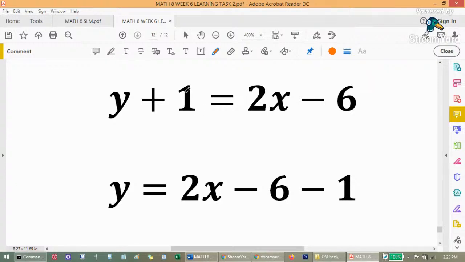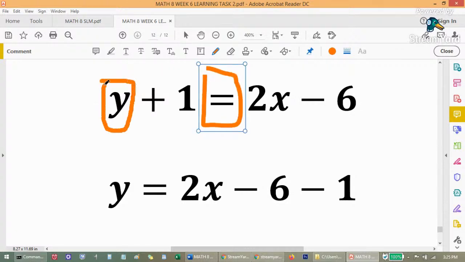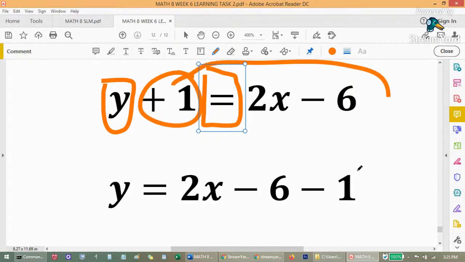And then, gagawin nating slope-intercept form, y is equals to mx plus b. So, lahat dapat i-transpose natin dito sa right side. Yung y lang ang matitira sa left side, no? Ito yung equal sign. So, itong positive 1, pag tinranspose natin sa kabila, magiging negative 1.